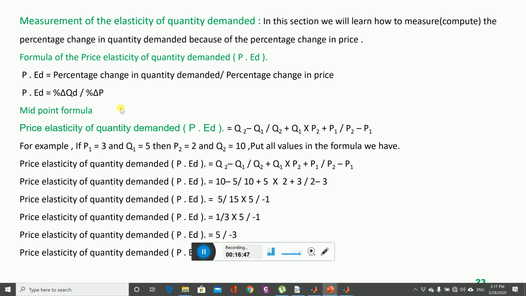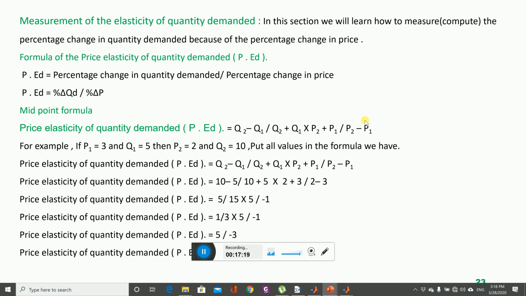The midpoint formula is what we will use to compute this. Price elasticity of quantity demanded, PED, is equal to (Q2 minus Q1) divided by (Q2 plus Q1), multiplied by (P2 plus P1) divided by (P2 minus P1).